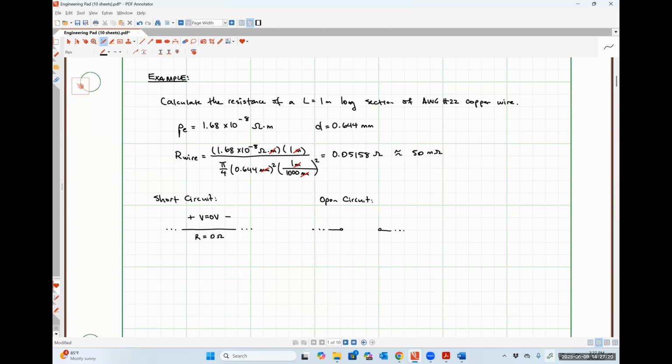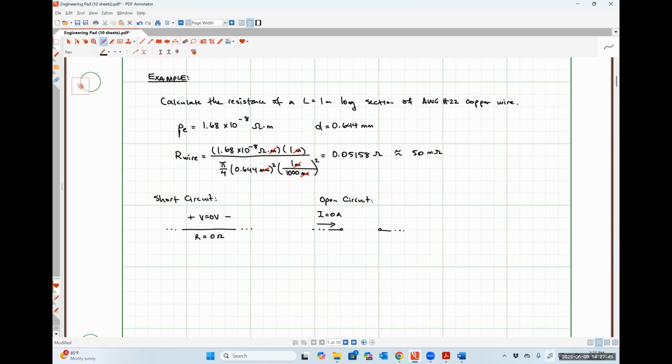In this particular case, we don't have a closed path that can carry current. So we would say that our current here, I, is going to be 0 amps, because the current needs some sort of conductive path to flow through.